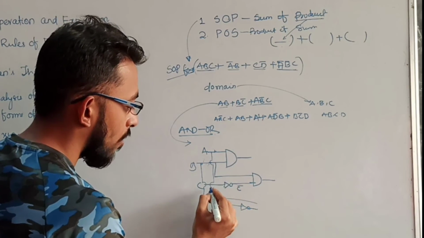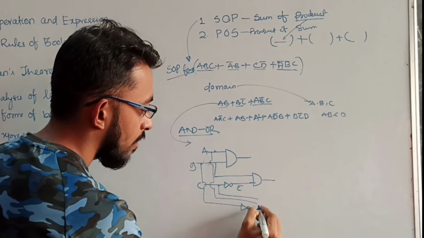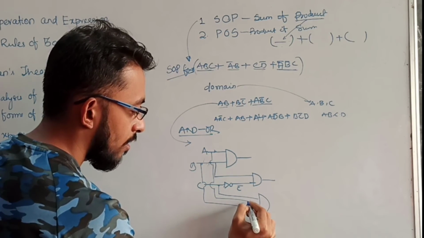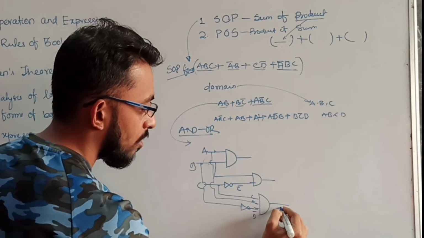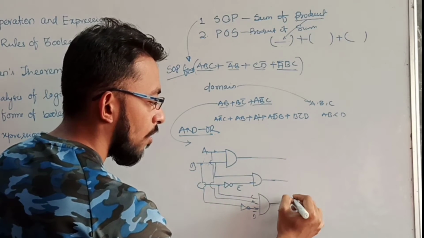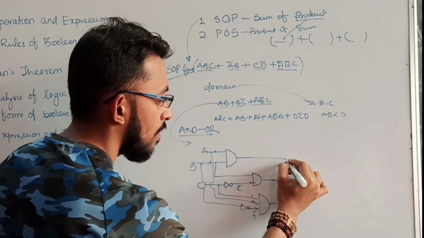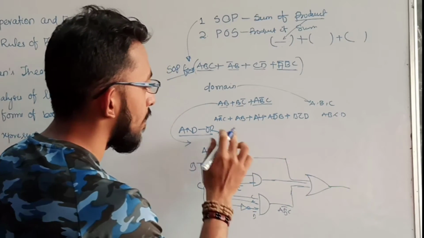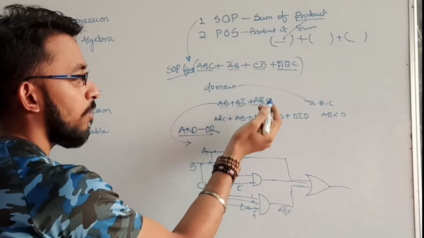B bar dot C. So then these three are ANDed. This is B bar, this middle one is A, this one is C, which is nothing but A B bar C. Then these three are ORed, and that will give me this expression AB plus BC bar plus AB bar C.